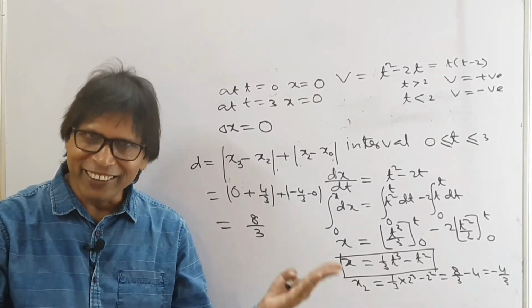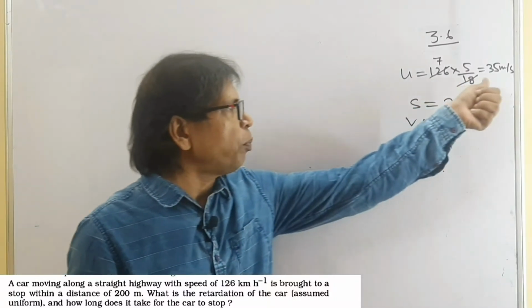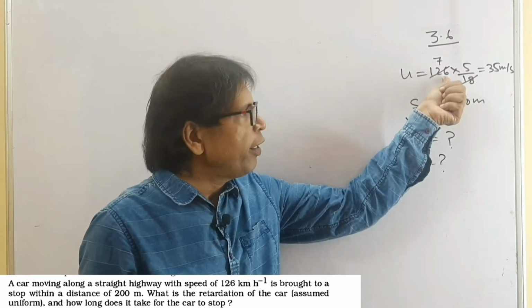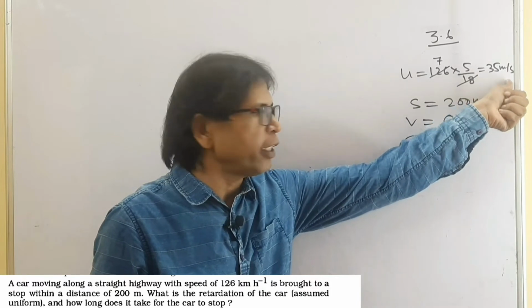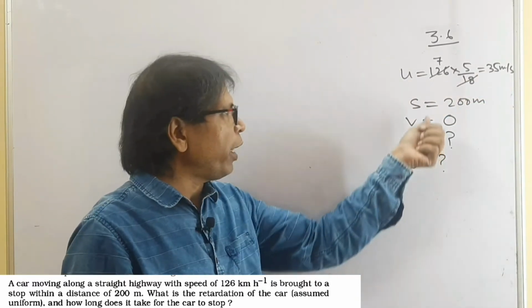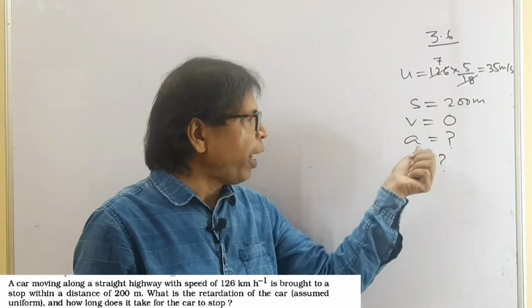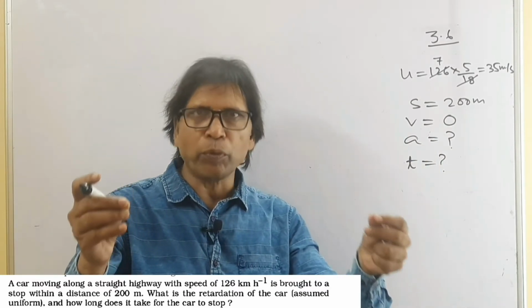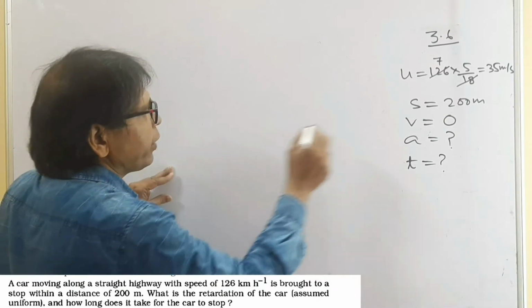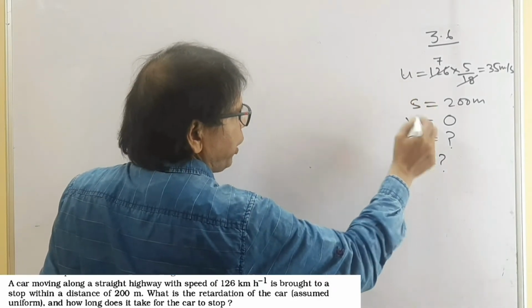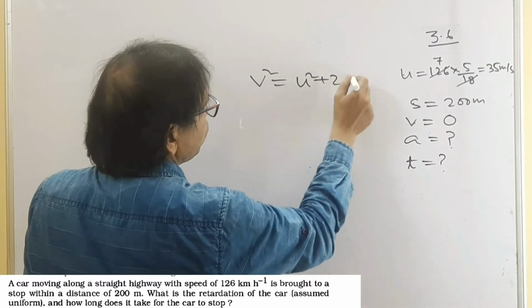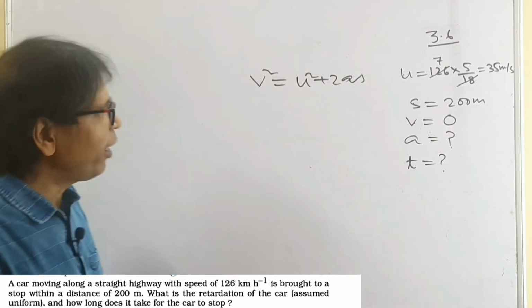Understood? The initial velocity of a car is 126 km per hour, that is 35 meters per second, and it is brought to rest in 200 meters. Find the acceleration and the time taken to come to rest. Here u, v and s are known, so use v² = u² + 2as.